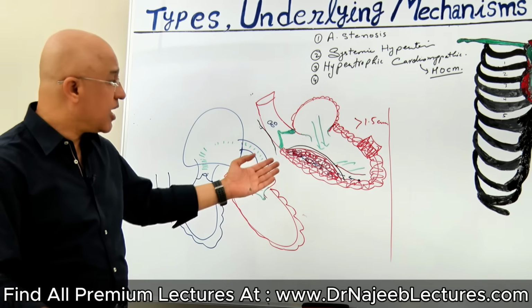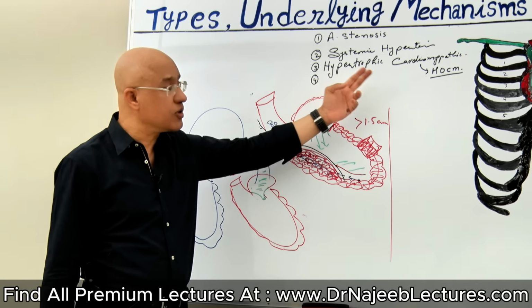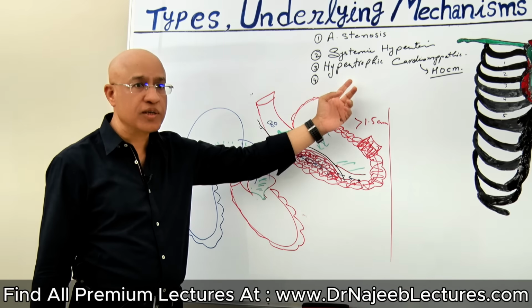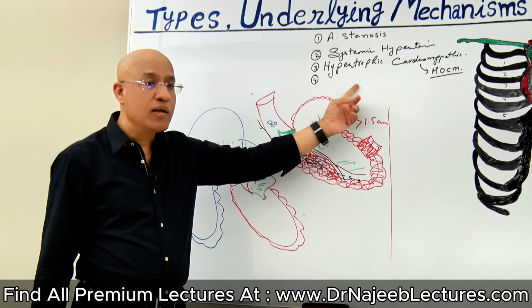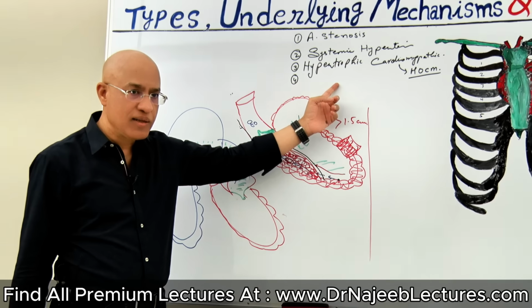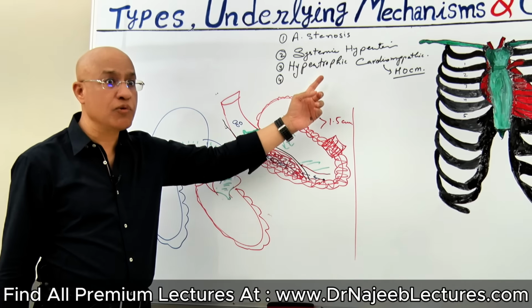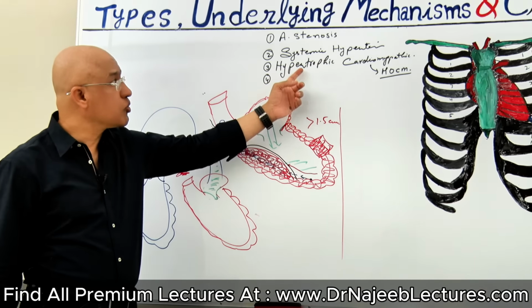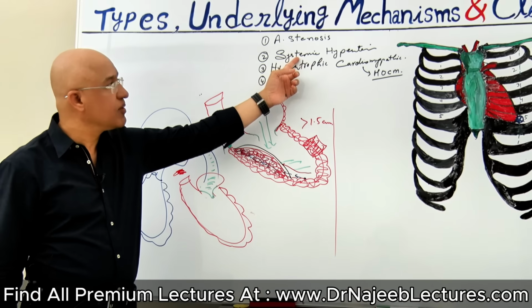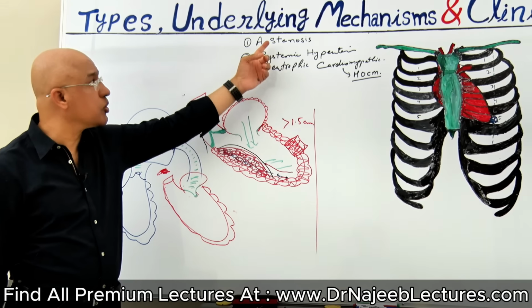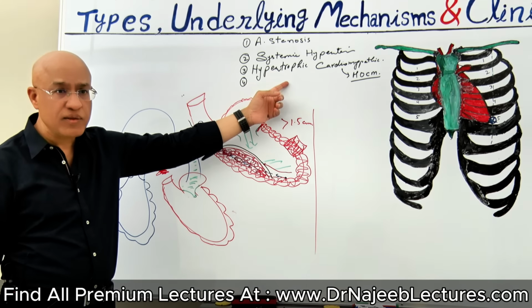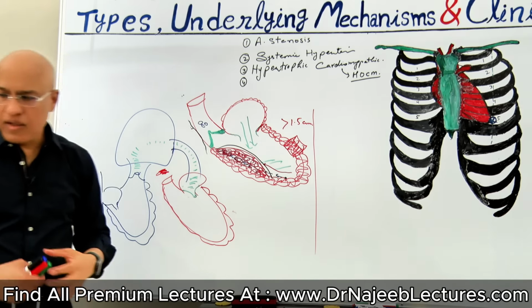This is an unusual condition, hypertrophic cardiomyopathy. This should be differentiated from other types of hypertrophy of the left ventricle. For example, hypertrophy of the left ventricle due to systemic hypertension is different, or hypertrophy due to aortic stenosis is different from cardiomyopathy, right?